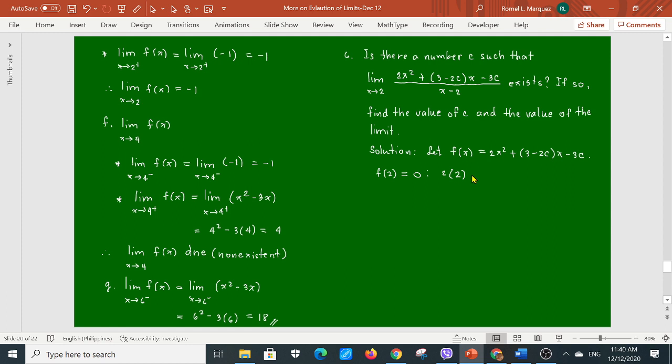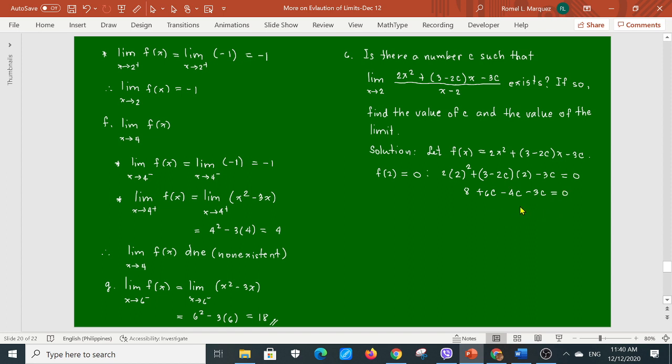Then we have plus 3 minus 2c, but what is x, guys? So that is 2. And then minus 3c. And this must be equal to 0, and then solve for c. So this is 8 plus 6 minus 4c minus 3c is equal to 0.